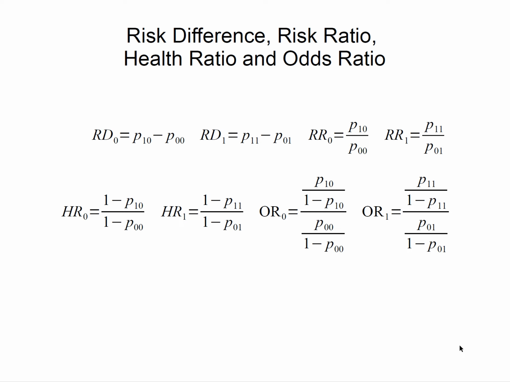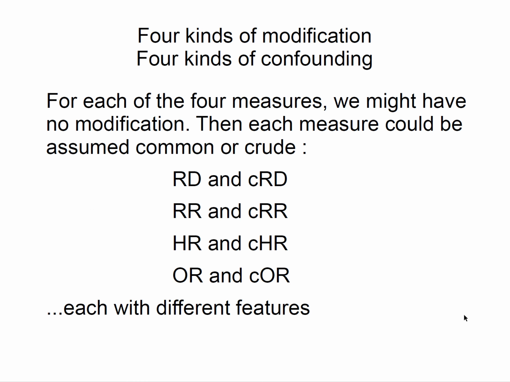Now we could ask, what if we had just collapsed these two 2x2 tables into one? Well, then we have challenges present. We have issues of modification and confounding. The modification issue we're going to set aside for the time being and ask, what if there is no modification of a particular type?